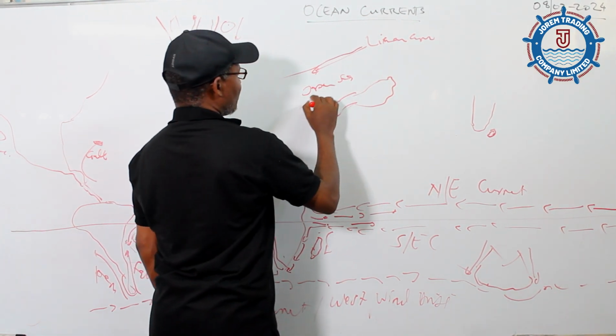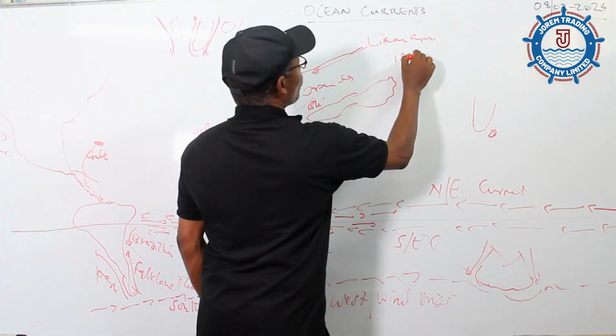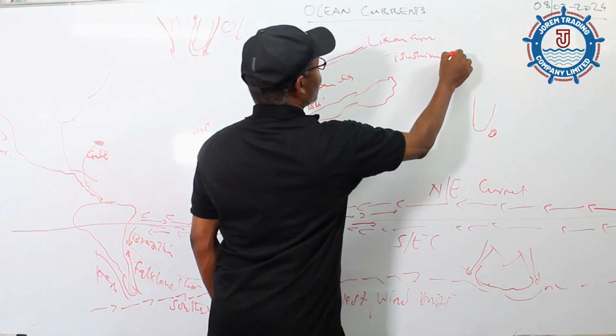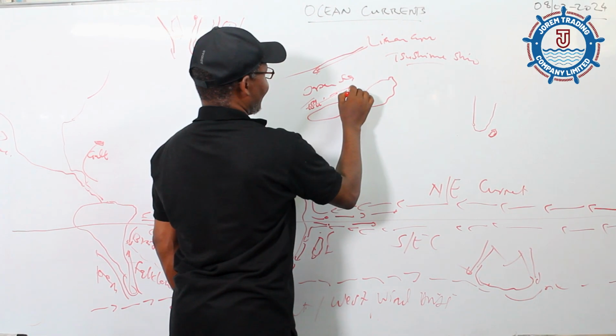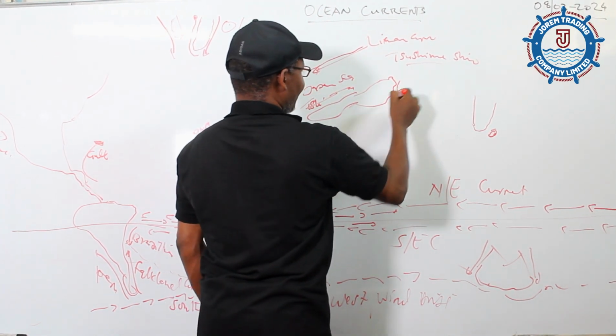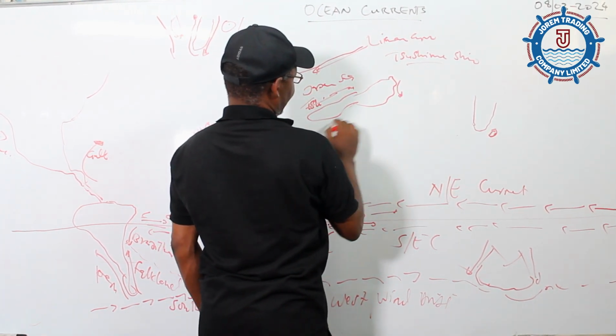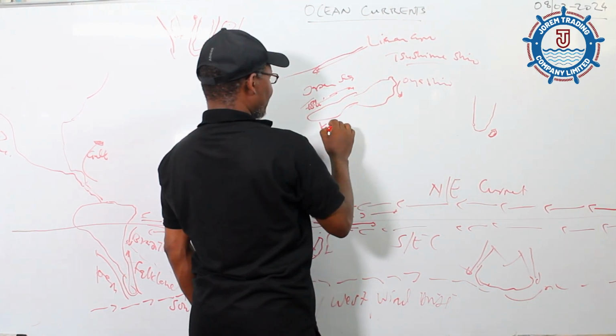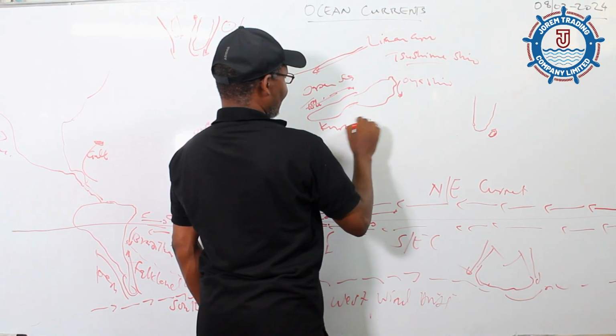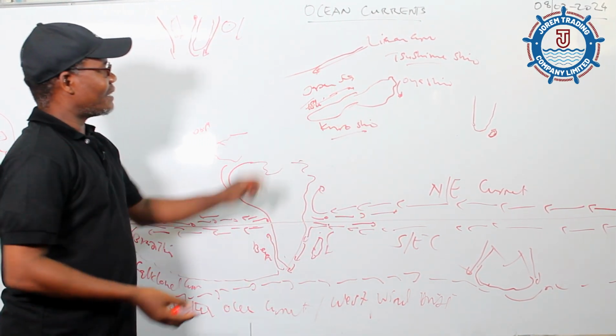And we have the Tsushima Shio, this one here, going that direction. You have the Kuroshio here, and of course you have this Oyashio. This is the Oyashio, and the Kuroshio is here, going that direction. So now this is the Japan Sea.